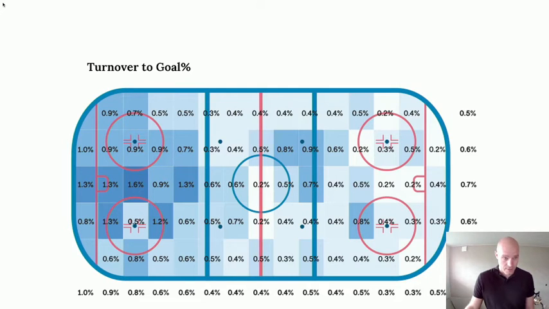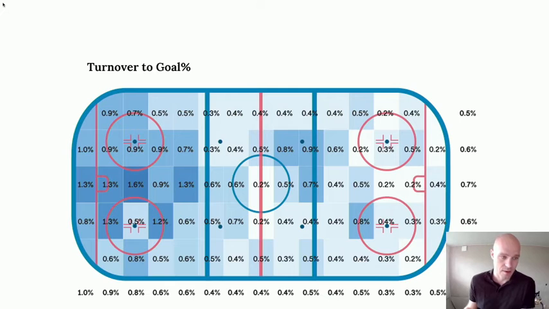No surprise really, the most dangerous place is right in front of the goal. Why it's not here, I don't know, maybe it's easier here. A lot of goals from here were filtered out, because the threshold was set at 1.5 seconds. Maybe that's a reason, but this is the most dangerous place to lose the puck.